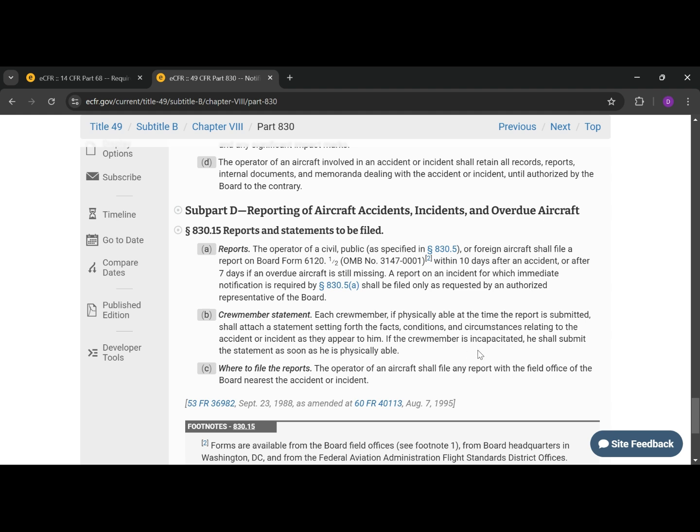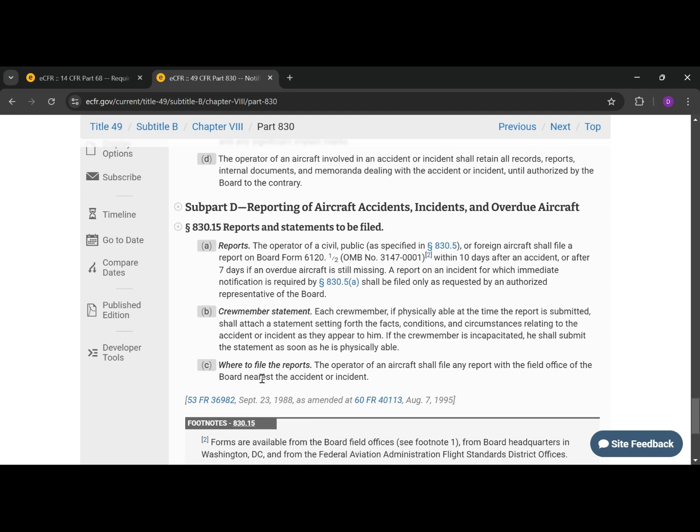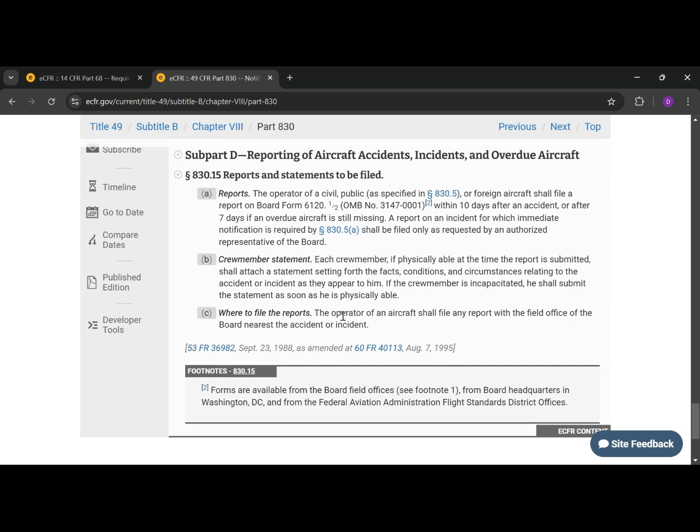If the crew member is incapacitated, he shall submit the statement as soon as he is physically able. Where to file the reports. The operator of an aircraft shall file any report with the field office of the board nearest the accident or incident.